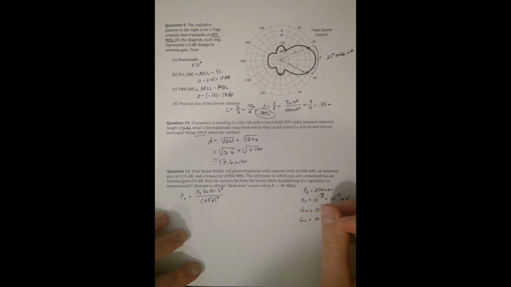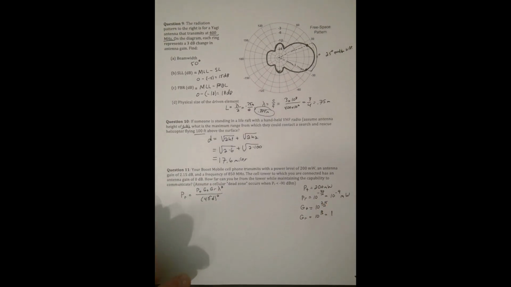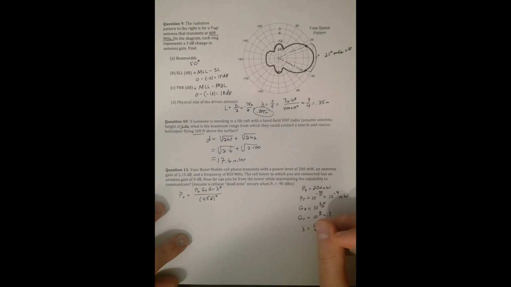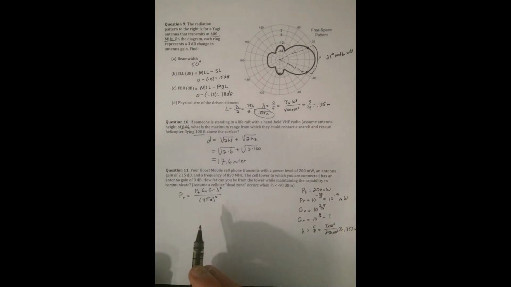GR is 10 to the 0 over 10, which is just 10 to the 0, which is 1. And we have lambda, because lambda equals C over F is 3 times 10 to the 8th over 850 times 10 to the 6th, which is roughly 0.353 meters.